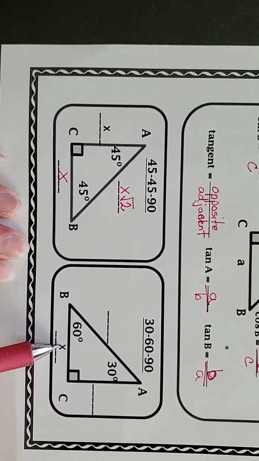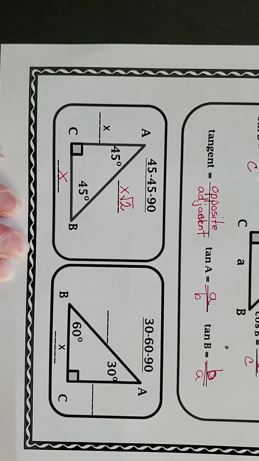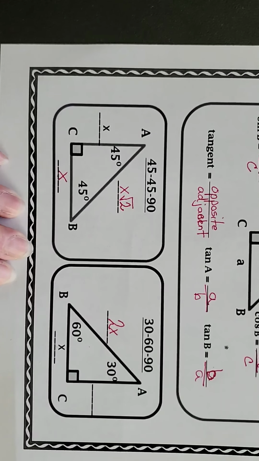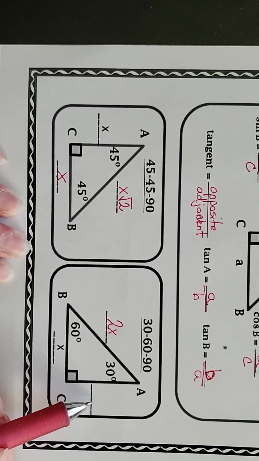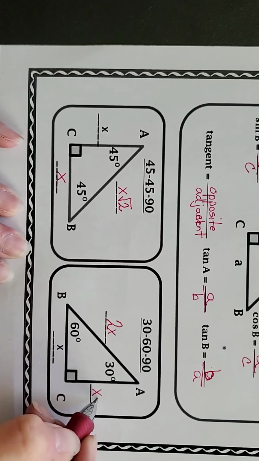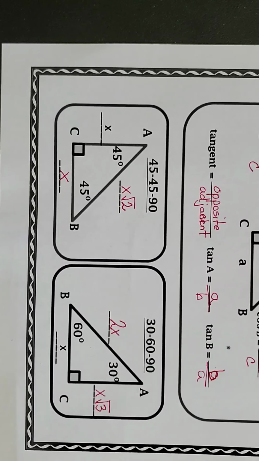The smaller leg would be across from the 30-degree angle, and if that is any value x, this hypotenuse is twice that length. It's going to be twice as much as that smallest leg. And then the leg across from the 60-degree angle is going to be the smaller leg times the square root of 3. That should look somewhat familiar from geometry.